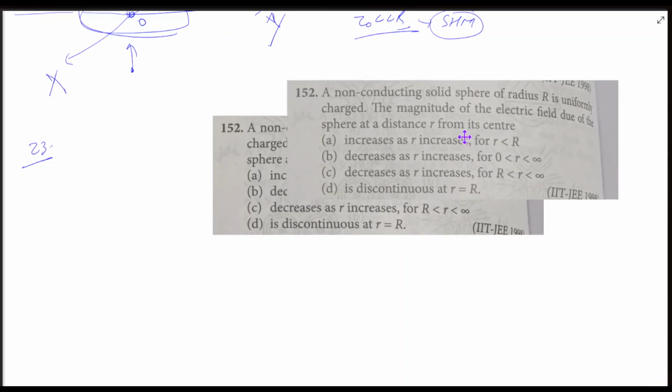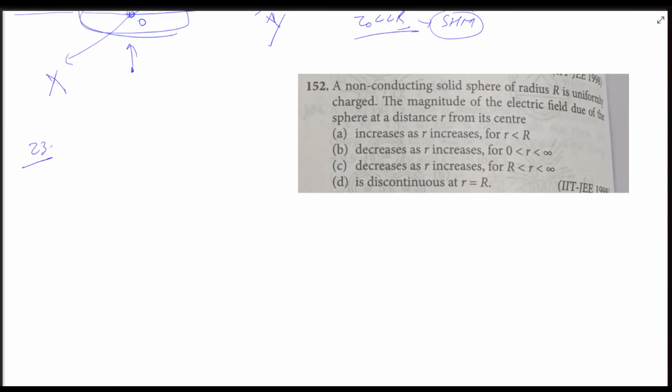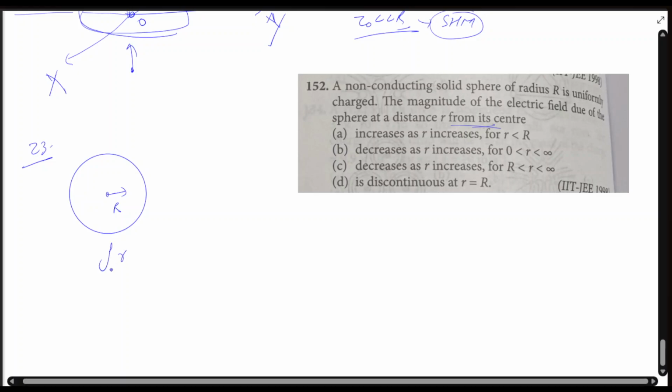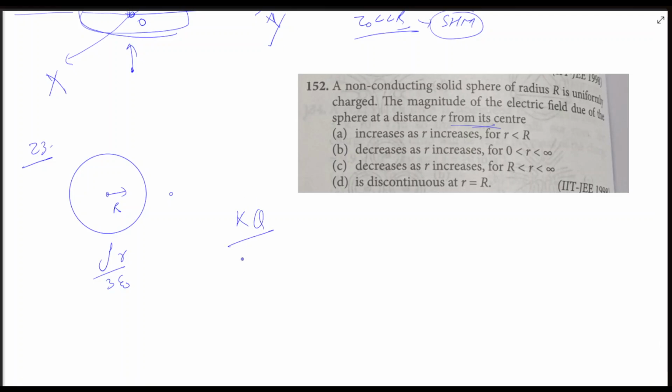Okay, perfect. We have again a non-conducting solid sphere of radius r, uniformly charged. The magnitude of electric field due to the sphere. This is a 12th grade question, you know. From here at a distance r, we know the electric field increases like this, and from then onward it will be like this, 1/r square. And it is a continuous field, right?